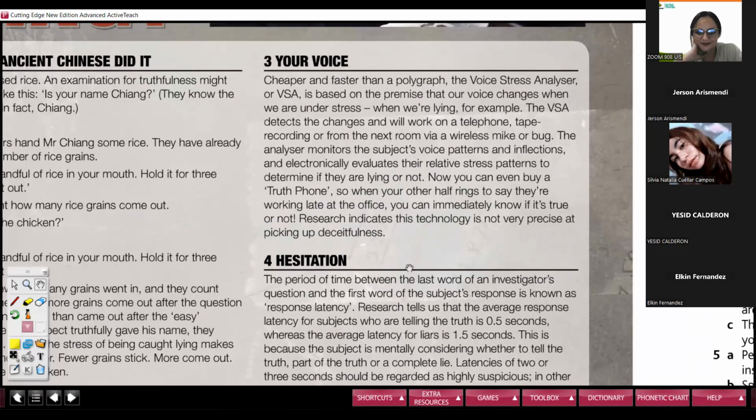It's not because of the way he or she speaks or behaves. I just end up knowing the truth. Thank you, Silvia. Okay, very good. Another person, please.